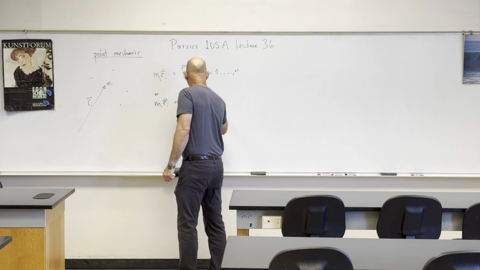And right, we had this before. And the next step was to sum over all of these. So if we have an equality here, then we also have an equality here.